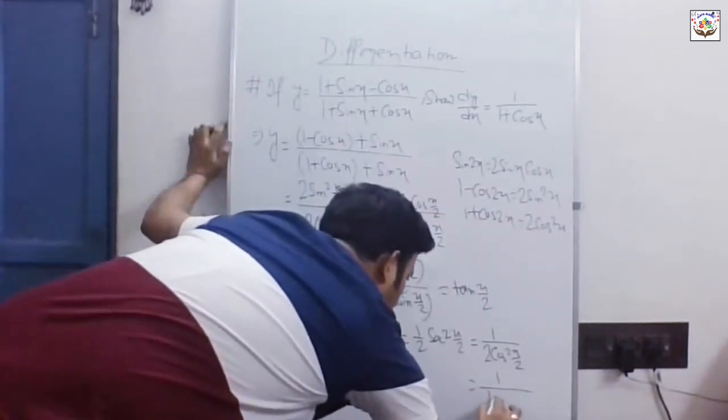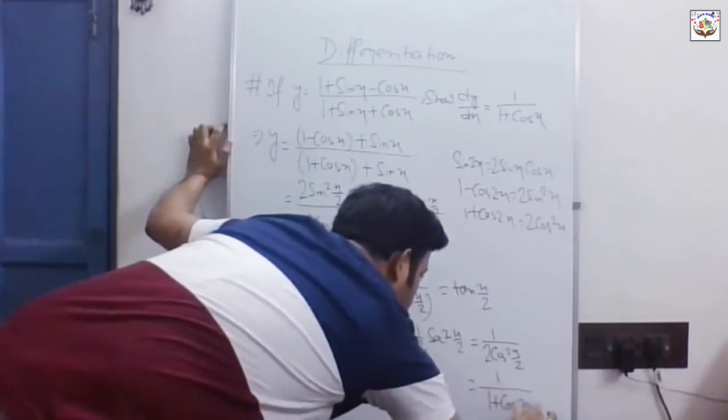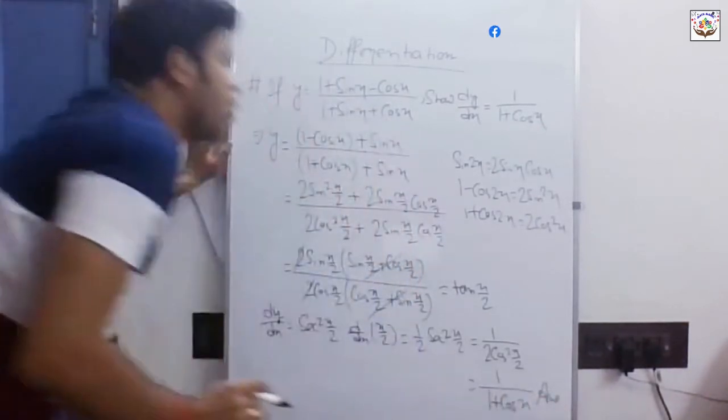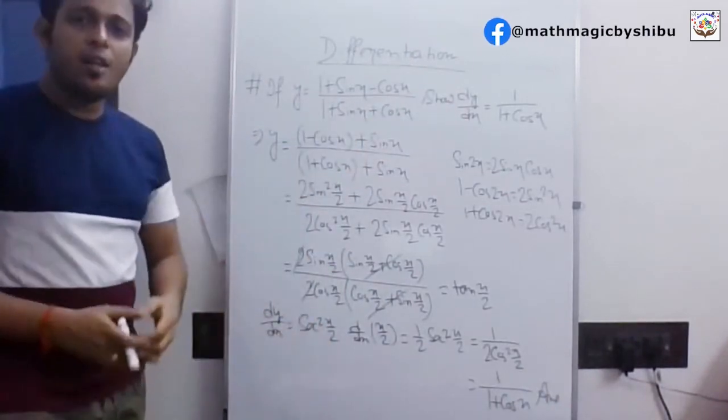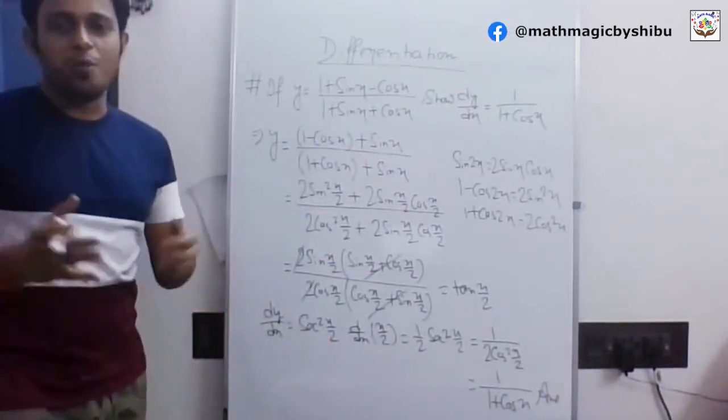So it would be 1 divided by 1 plus cos x. So we have proved whatever was asked. Just follow step by step. Okay, so we'll move on to the next problem.